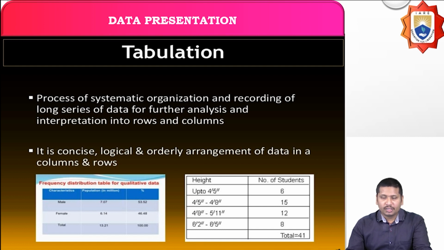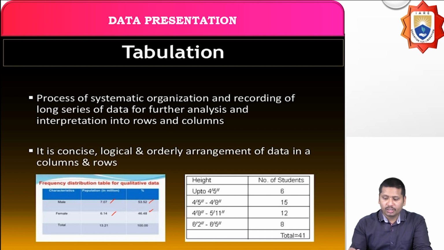And it should be a concise, logical, and orderly arrangement of data in the form of rows and columns. Like suppose if I'm going to consider the characteristics male and female, so what is the population of male, population of female, and percentage?